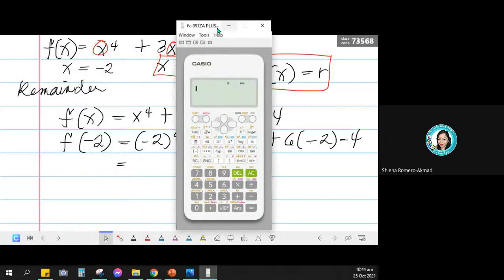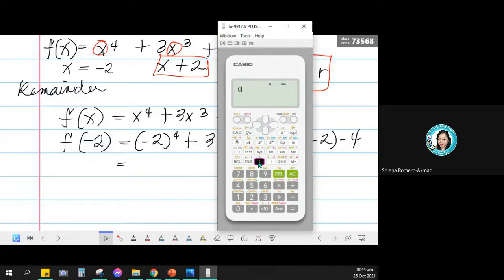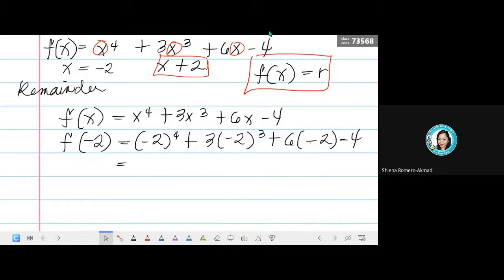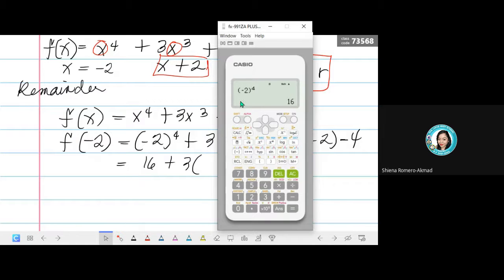So, paano tayo mag-square na may negative sign? Parenthesis, negative 2. Tapos, raise nyo siya to 4. Magiging answer ay positive 16. So, we have positive 16. Plus 3 times negative 2 raised to 3. Ano ulit?